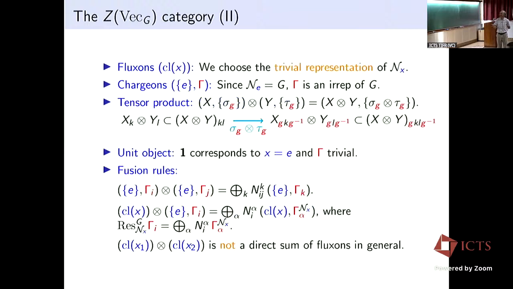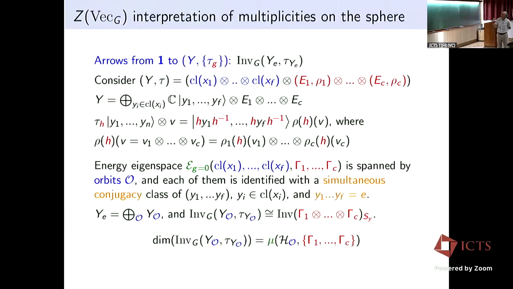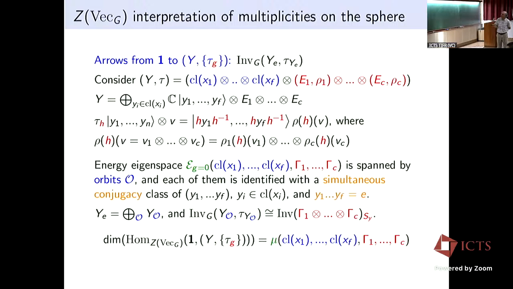But again, please ask me during the breaks. And the punchline was that this multiplicity, the beautiful formula, is this one. On the sphere, these objects, these conjugacy classes and representations, are promoted into objects in the Drinfeld center category Z(Vec G).